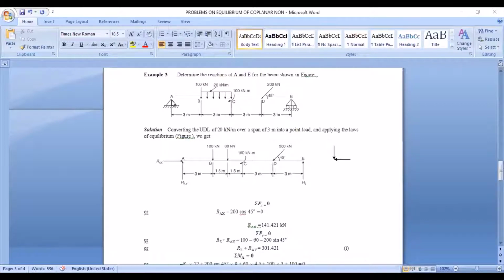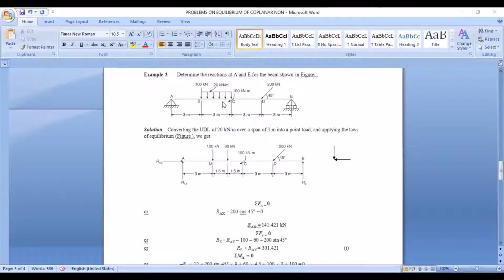At point A, we have a hinged support, whereas at point E, we have a roller support. We all know that for a hinge, we have one horizontal and one vertical reaction, and for a roller, we have only one, that is vertical.